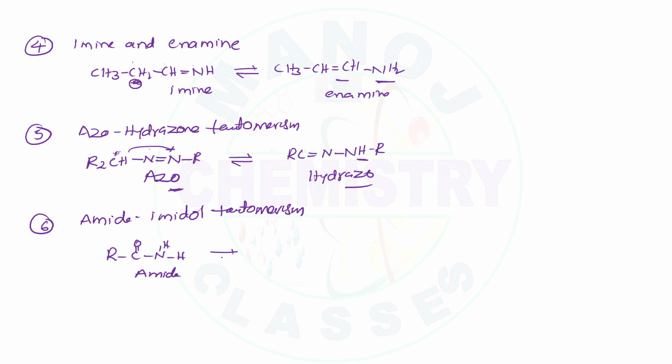This one will become imidol, that is nothing but RCOH double bond NH. This one is imidol. So here nitrogen, here this hydrogen, 1, 2, 3, a 1,3 migration takes place. So these 1,3 migrations are nothing but a triad system in nitrogen compounds. I hope you understand, guys.